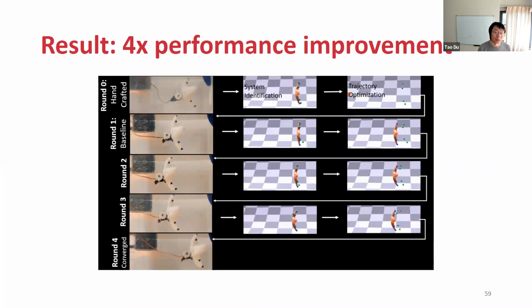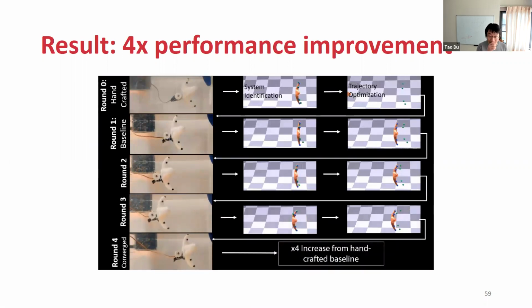And as can be seen, once the video is finished playing, we do observe two things. The first thing is that with this iterative scheme, we can see the performance indeed improves from iteration to iteration.